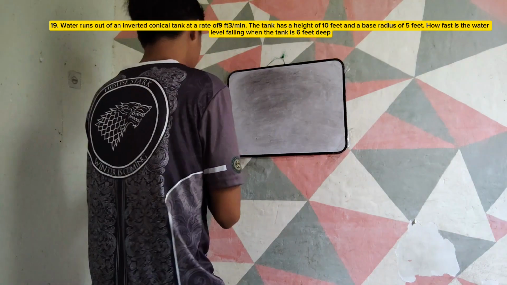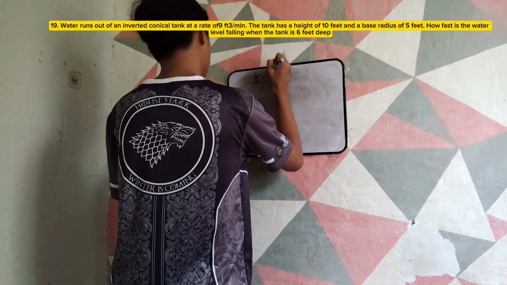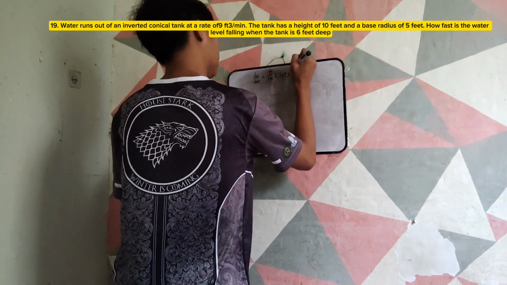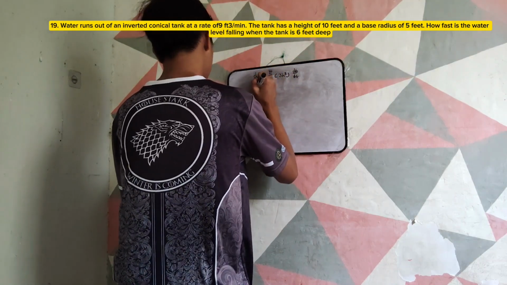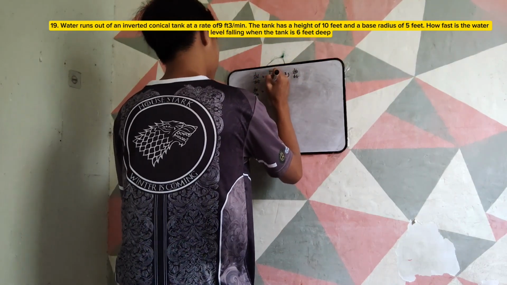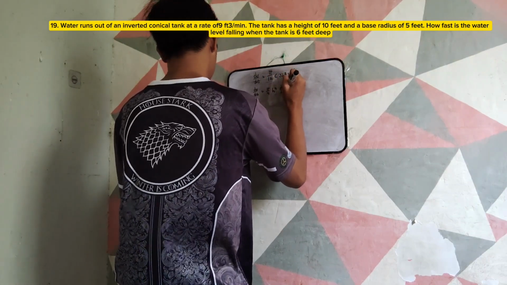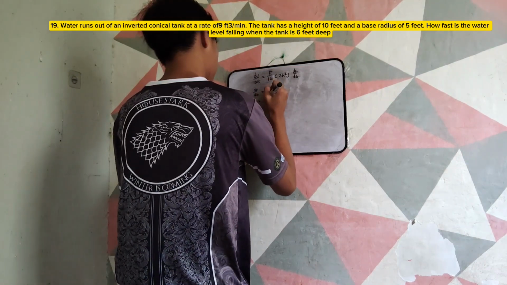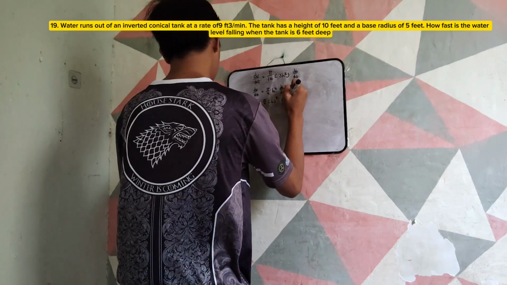Up next, the dV over dt is equal to pi over 12 times 3 height squared dH over dt. So dV over dt is equal to pi over 4 times height squared dH over dt. So negative 9 is equal to pi over 4 times 6 squared dH over dt.